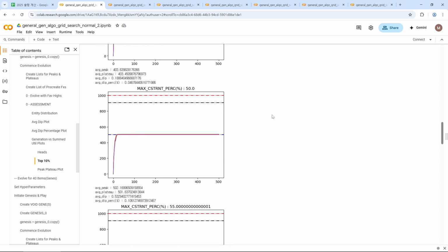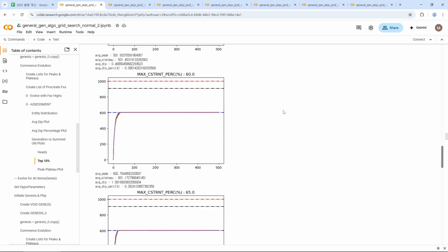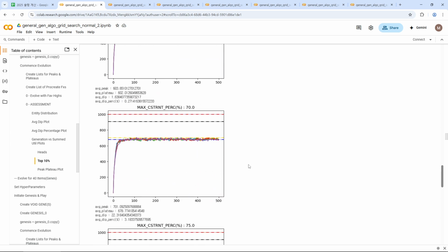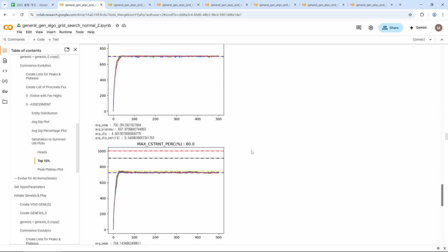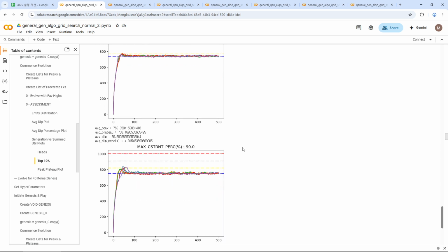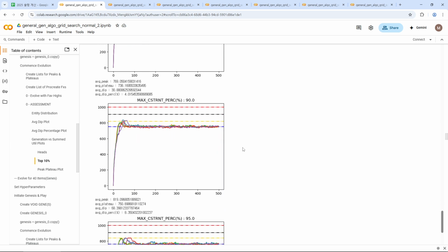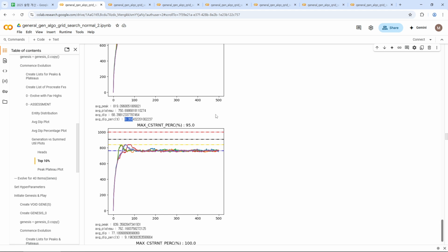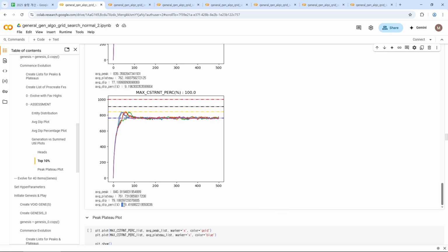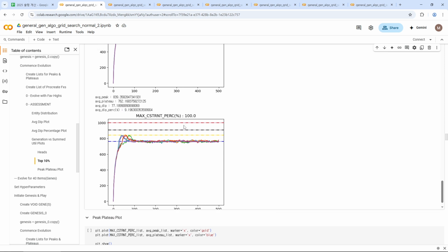These are the plots for the top 10%. Now we see some oscillations and some plateaus and peaks. Average dip percentage 8.35 at 90%. Average dip percentage 9.19 at 95. Average dip percentage 9.41 at 100.